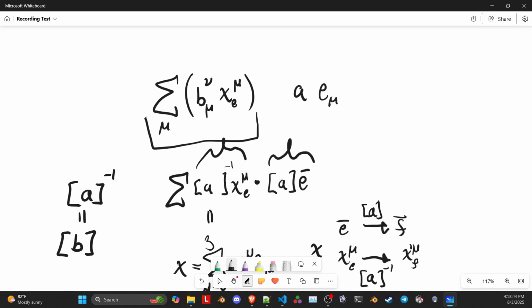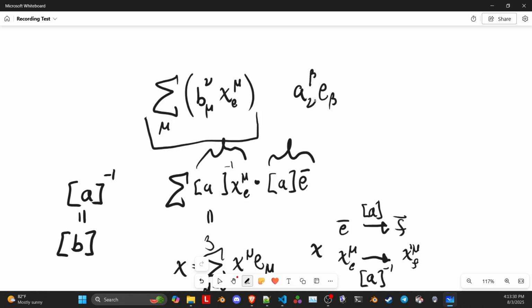And let's see. We need another component. I think it would be wise to not use mu for E because there's going to be some overlap. So how about we use alpha? Alpha is a little too close to A. Use beta.